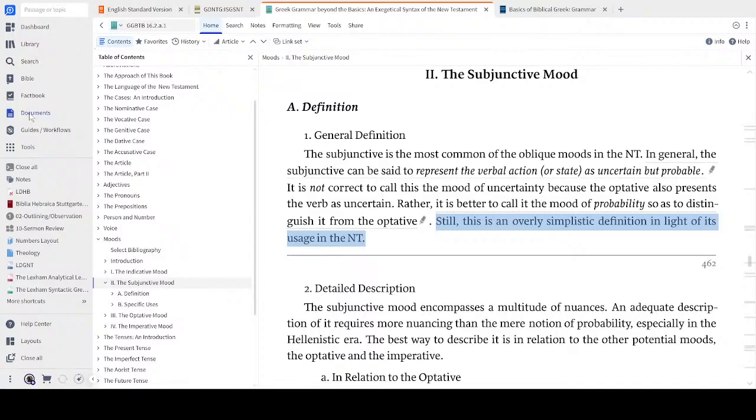Let's go into documents. Better yet, we're going to go down here to tools. Come down here to visual filters.